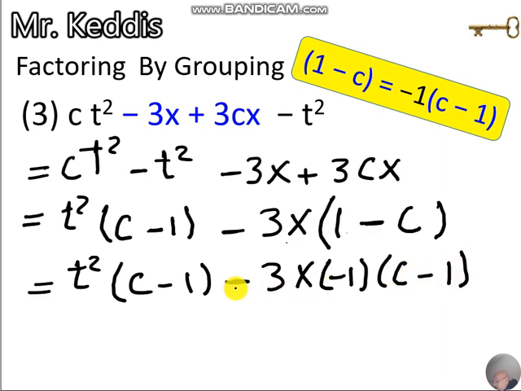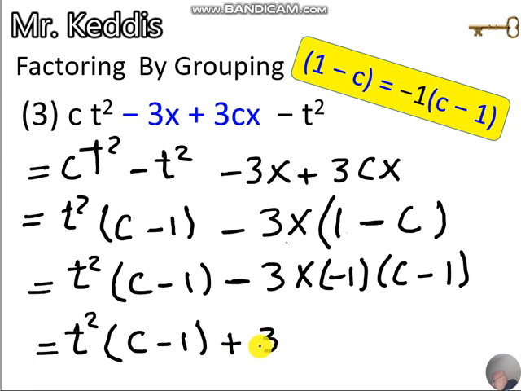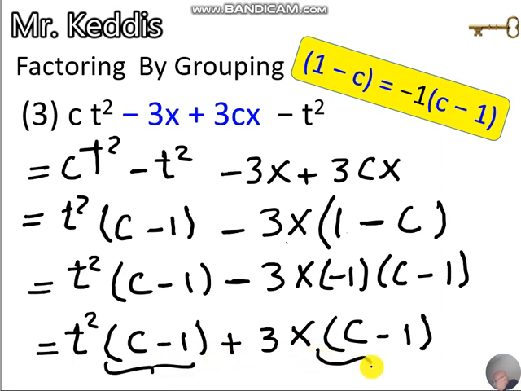Here negative times negative is positive. Equal, t squared times (c minus 1). Negative times negative is positive, 3x times (c minus 1). You have c minus 1 as a common factor.